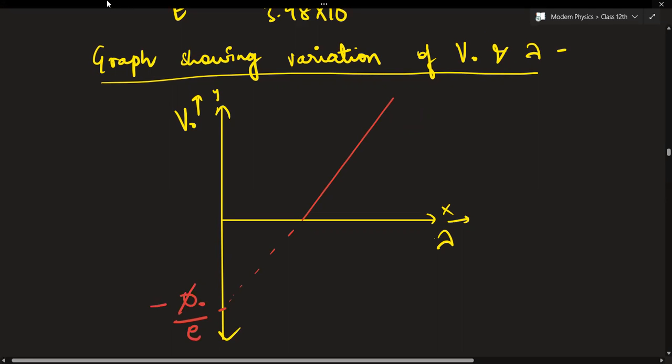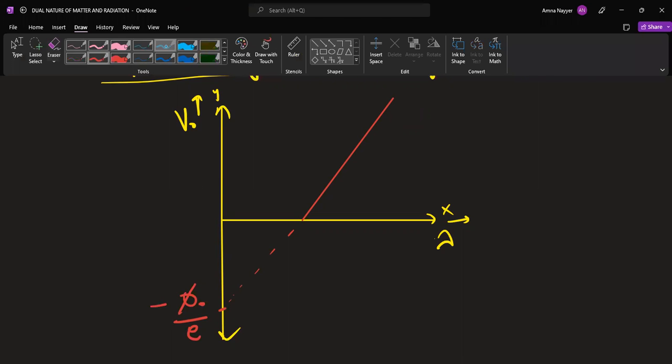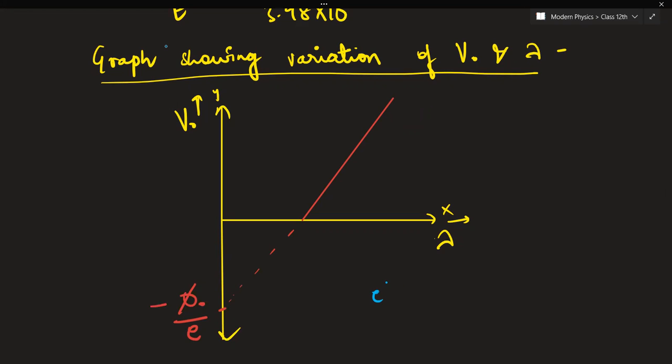Now see class, meaning of all these terms, what we have studied. See, electron kinetic energy can be written as total energy minus the work function. If you divide it by e, this becomes h nu by e minus work function by e, right?